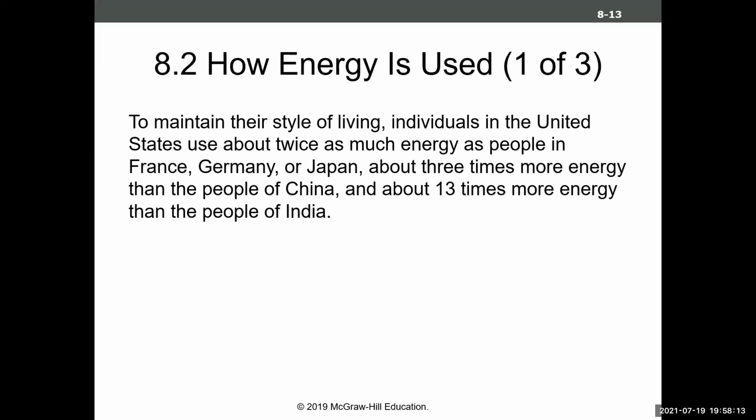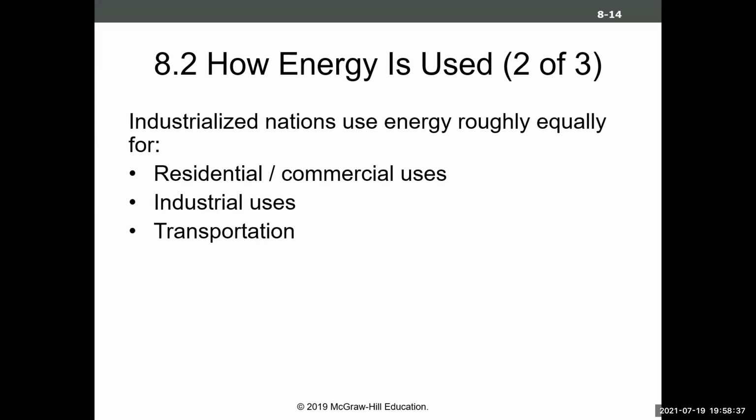So, for example, the United States uses about 2 times as much energy as some European countries and Japan, about 3 times more energy than the populations in China, and about 13 times. This is a huge number, 13 times more than people in India. So the United States is consuming a ton of energy.